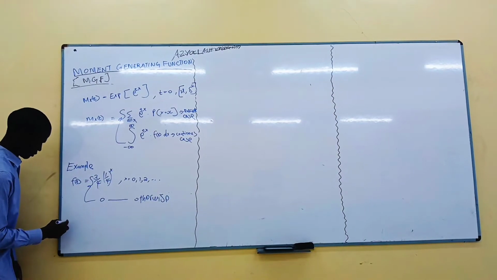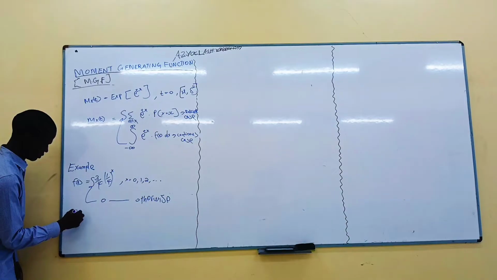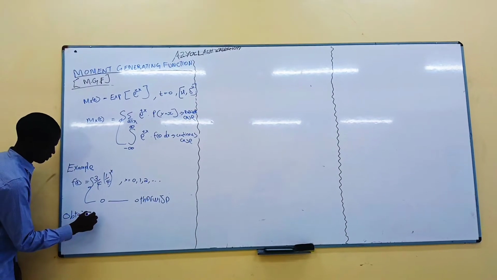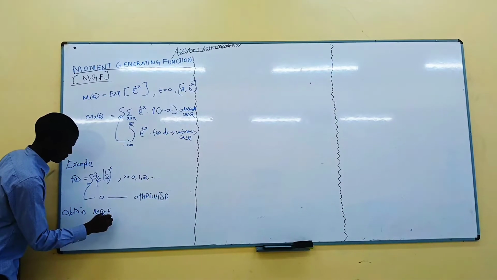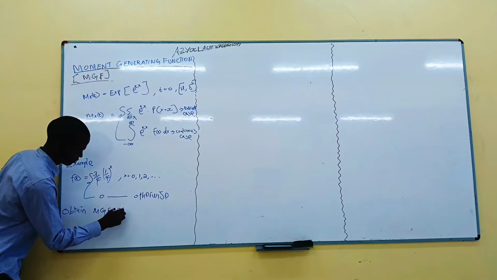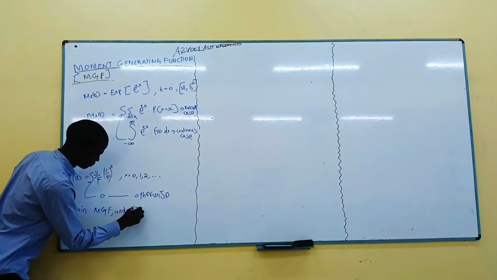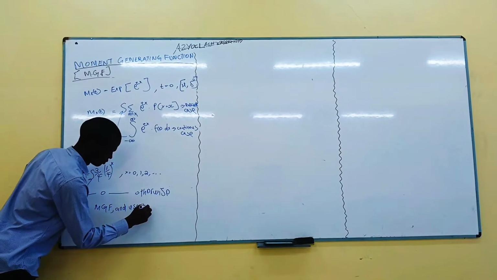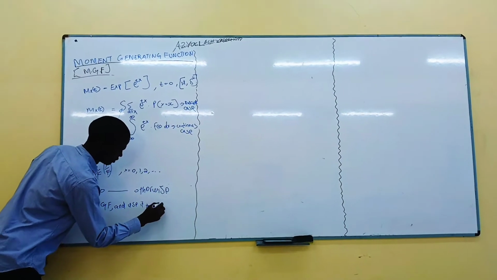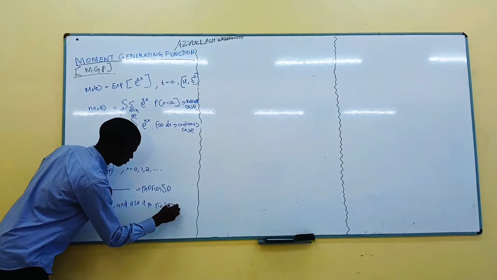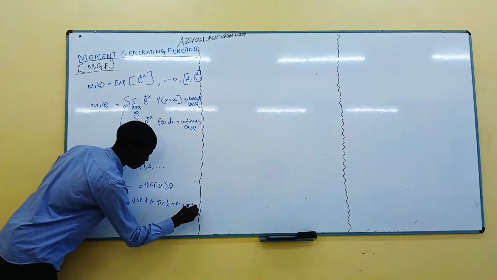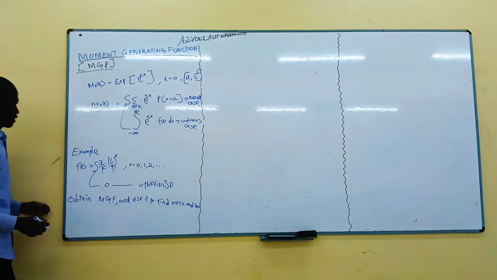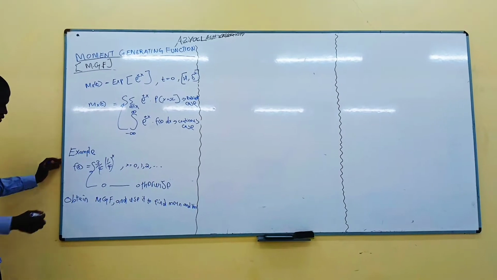We are asked to obtain the MGF and use it to find the mean and variance. Let's start by finding the MGF.